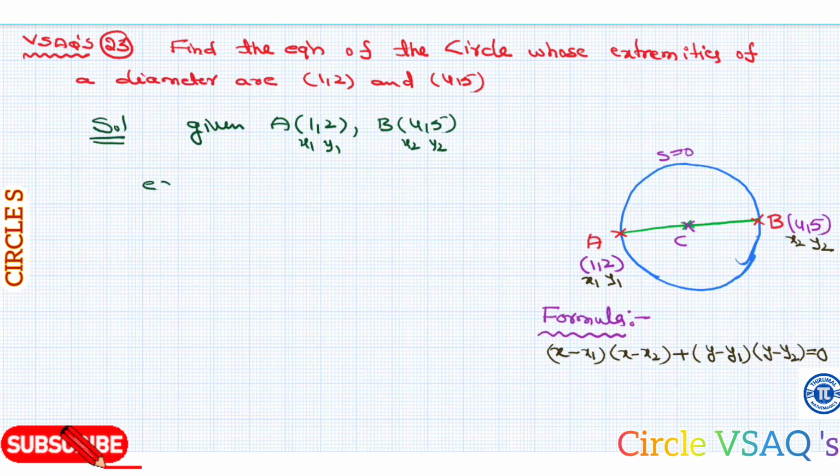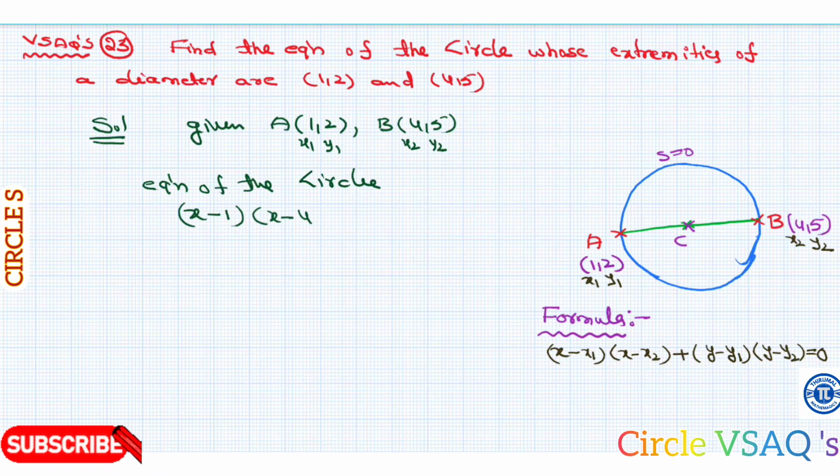Now write the equation of the circle using this formula: (x minus x1)(x minus x2) plus (y minus y1)(y minus y2) is equal to 0, that is (x minus 1)(x minus 4) plus (y minus 2)(y minus 5) equal to 0.